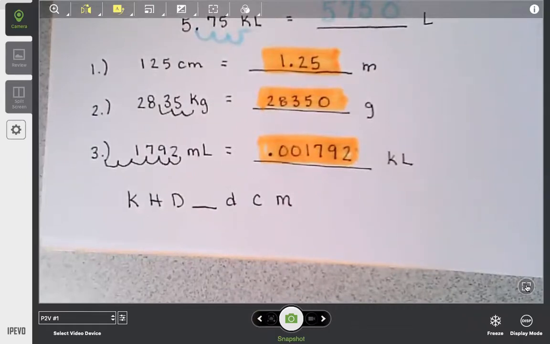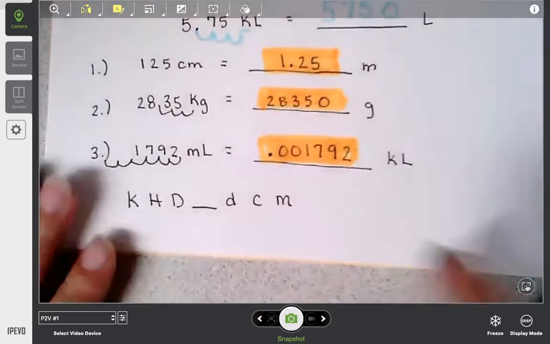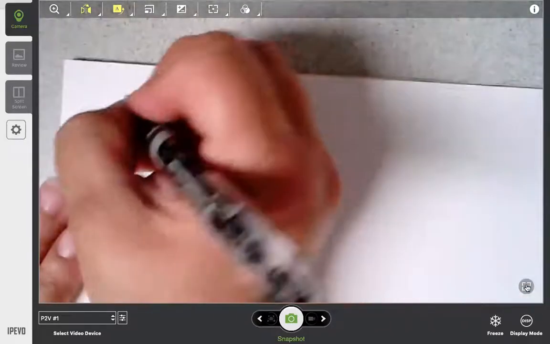Questions about converting with metric units? Yes. Yep. I'm going to do some practice ones too, but let's see.